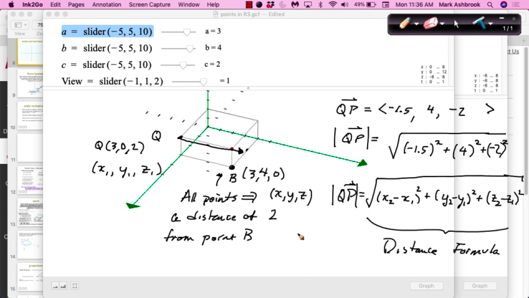By all points, I'm going to say x, y, z, on all points x, y, z that are a distance of 2 away from point B. How could I apply the distance formula to write out what that would be? 2 equals square root of x minus 3, good, squared, plus y minus 4 squared plus z minus 4 squared.